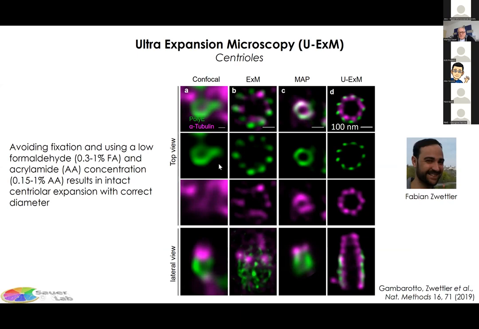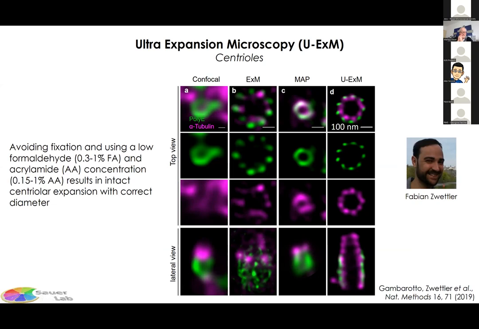Using the standard first published protocol, ExM, the expanded centrioles look like shown here in panel B. And using the MAP protocol, the post-expansion labeling protocol, it looked like that. This all shows that the ultrastructure could not be preserved during this expansion process.